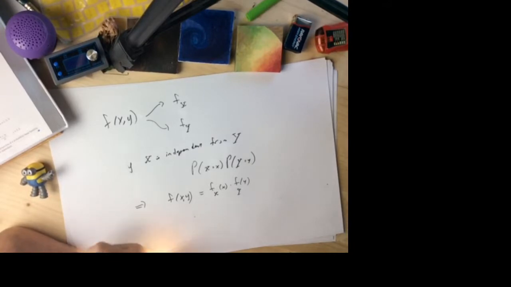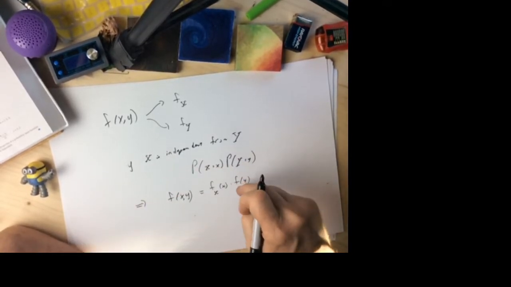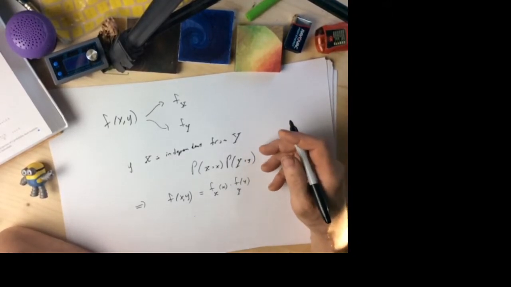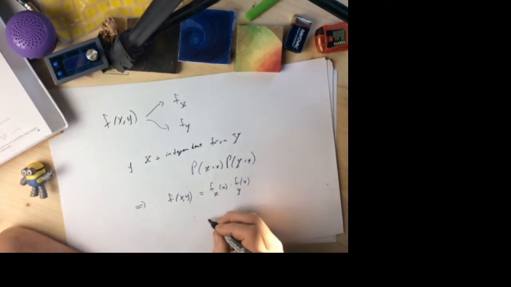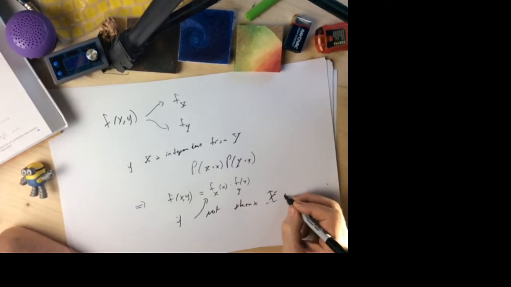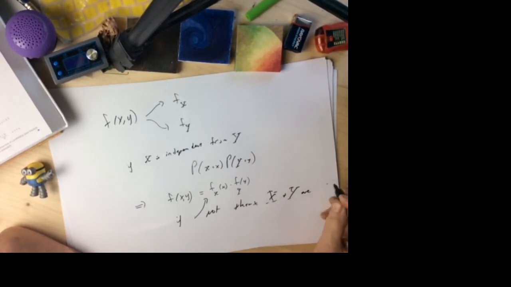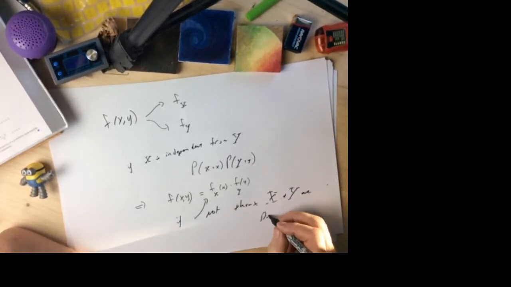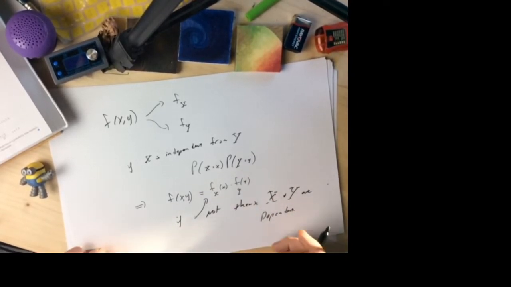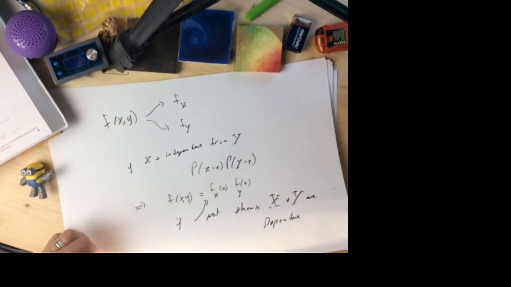Now, if you have a bivariate and this property is not satisfied, then x and y are not independent. We can say dependent.